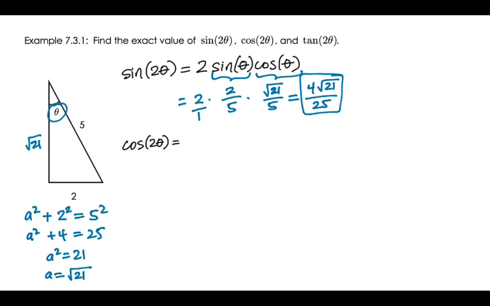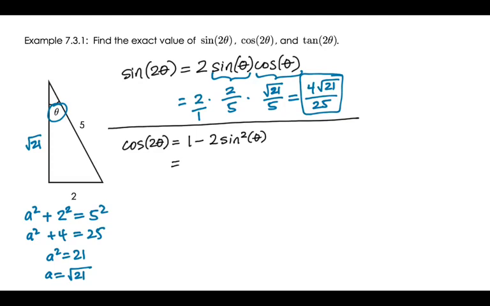That's prettier than cosine, so I'm going to pick the cosine double angle formula that is 1 minus 2 sine squared theta. That's just because sine looks prettier than cosine in this particular problem, but it wouldn't matter which one you chose. You could use any of them.